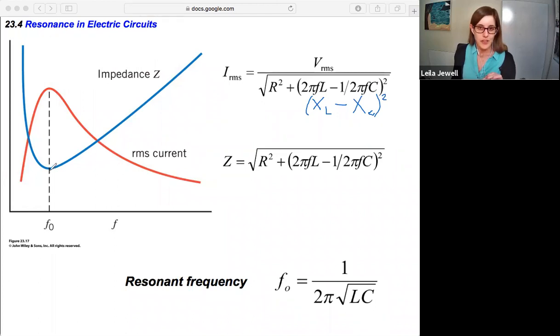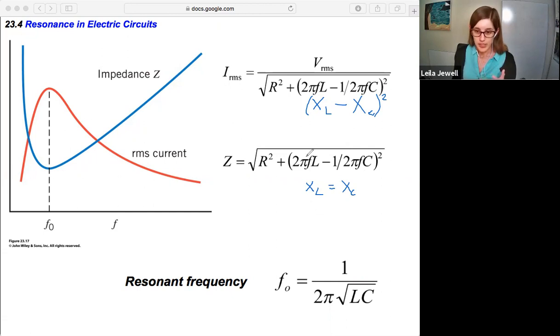Turns out there's a way that we can minimize the influence of the inductor and the capacitor. Since they're being subtracted from each other, the way we can get the smallest amount of impedance is when these two cancel each other out exactly. In other words, we set XL equal to XC.